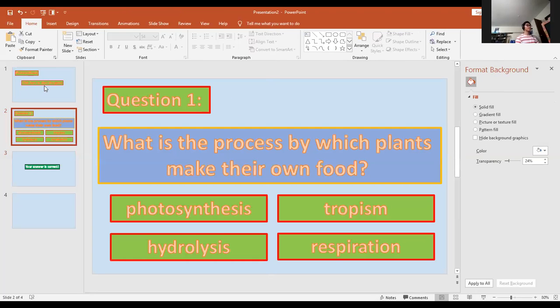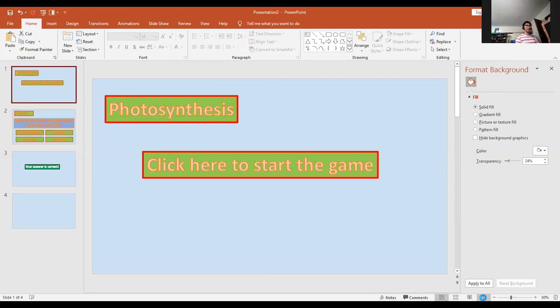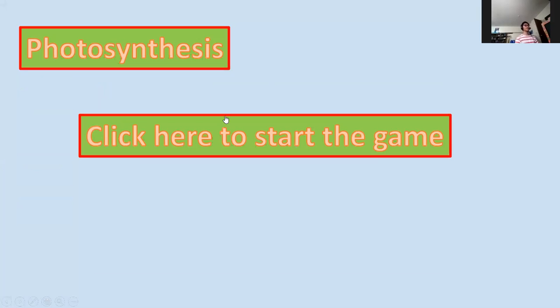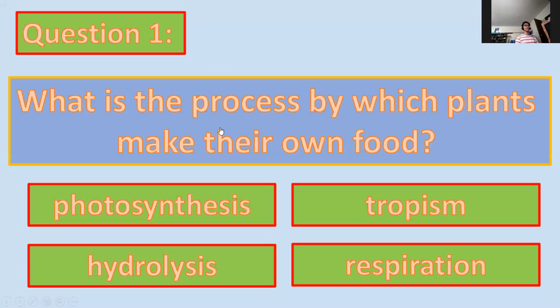Now, let's try it. Okay, photosynthesis, click here to start the game. Okay, you will be directed here. And then, what is the process by which plants make their own food?